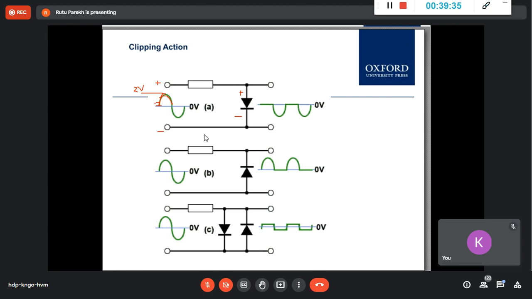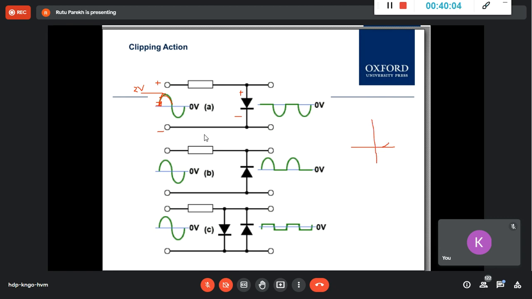When it is conducting, you divide the voltage: from 0 to 0.7 and then 0.7 to 2 volt. For 0 to 0.7, it is not reverse biased, but it is not conducting.